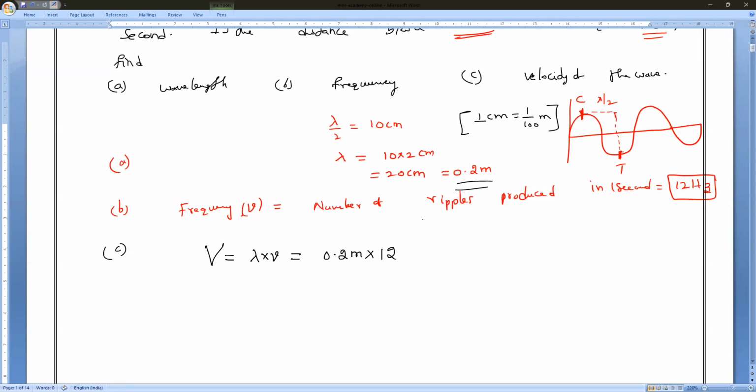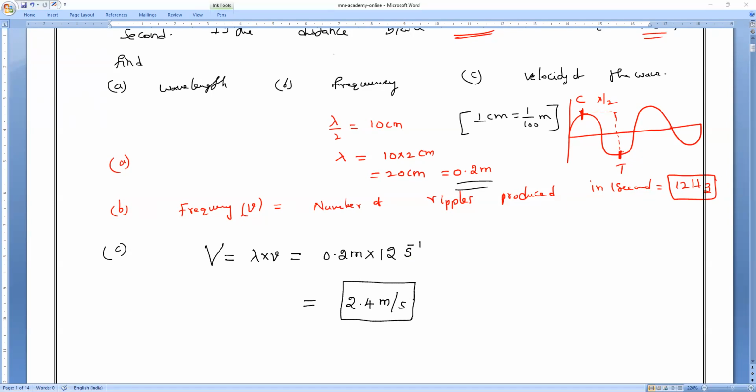Frequency is 12 hertz. Hertz means second inverse. So 12 twos are 24, so 2.4 meter per second. 2.4 meter per second is the wave speed.